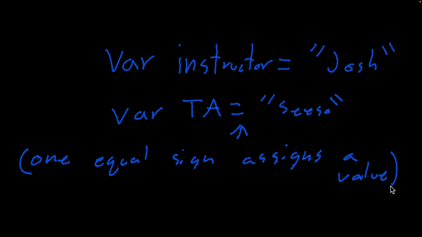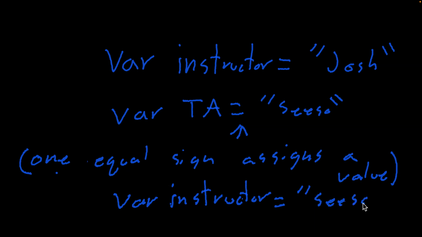So if I would like to reassign instructor from Josh to CISO, all I would need to do is on the next line say var instructor equals CISO.